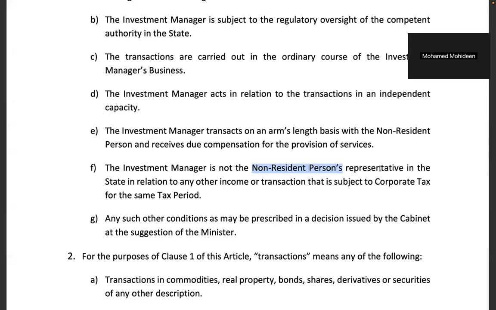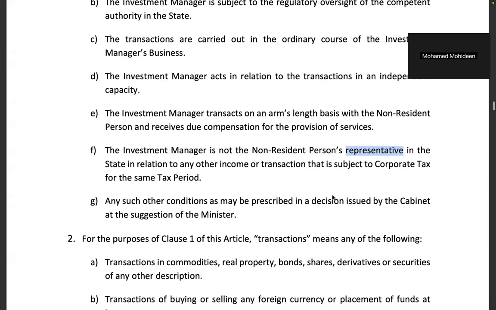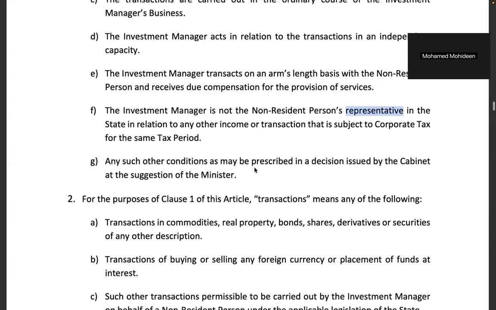You see this point? How big a repercussion can representation have on an investment manager? It could make that investment manager a permanent establishment. So it is specifically addressed.